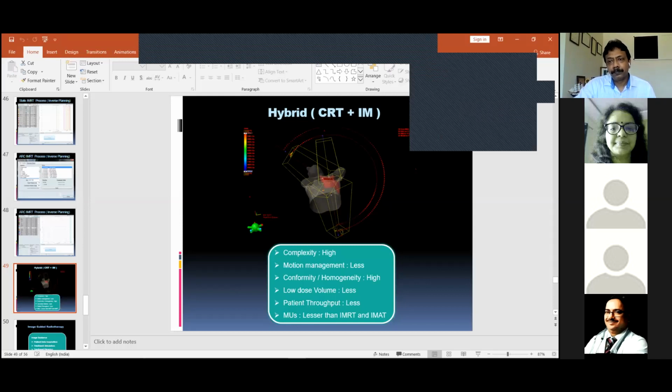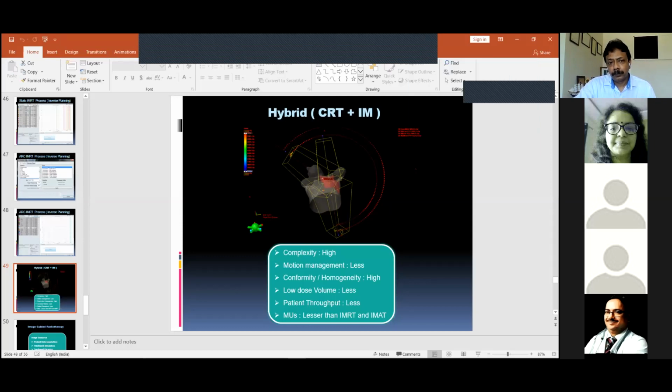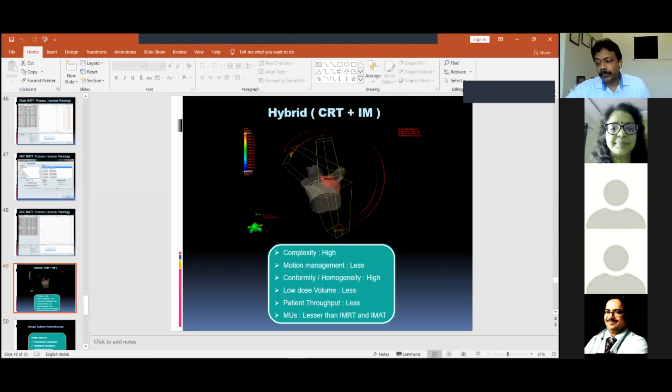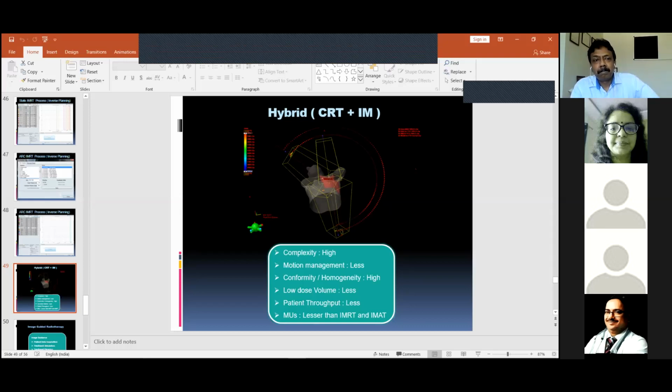Every technique has some advantages and disadvantages. But I think this technique is very much user dependent. Initially, ultrasound requires a radiologist to understand, but once we experience it after a few cases, it can be done by the radiation oncologist also.